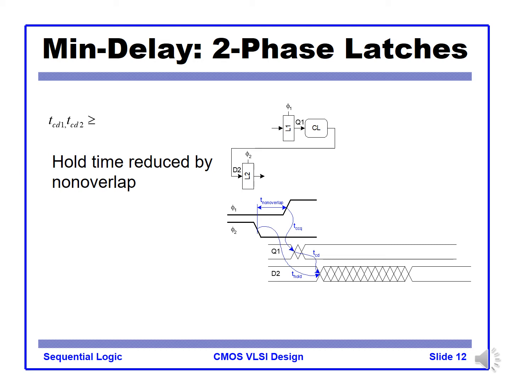In the two-phase latches, we can calculate the earliest time from phi1 to D2. That is calculated from when the clock phi1 goes up, the data comes out through the TCCQ, contamination delay of the clock to Q delay, plus the contamination delay of the logic delay CL.